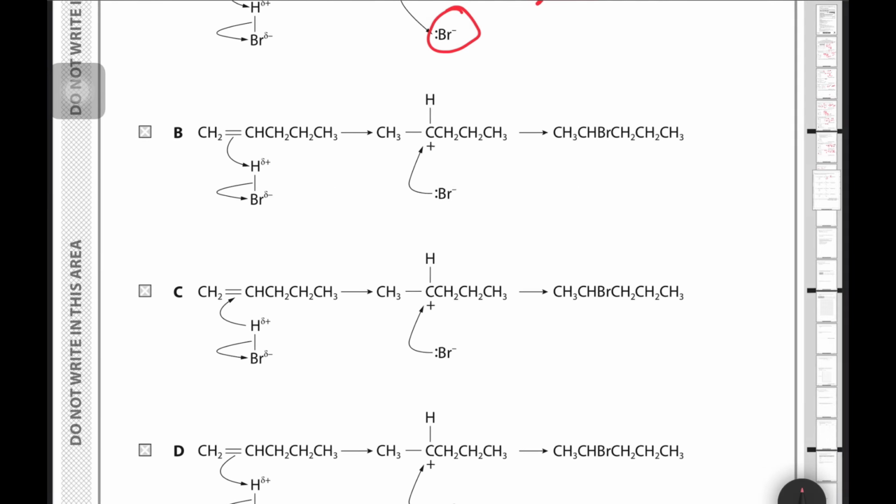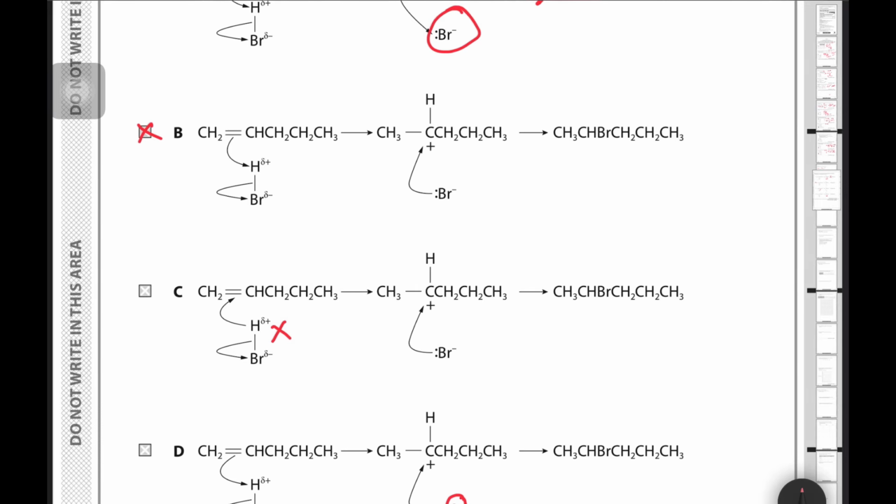Okay, let's look at C also. C again has an arrow problem. It's incorrect because the arrows are going from the H plus towards the double bond. So this is wrong. Let's look at D. D is incorrect because Br has a partial negative, which is wrong. So my correct answer is B.